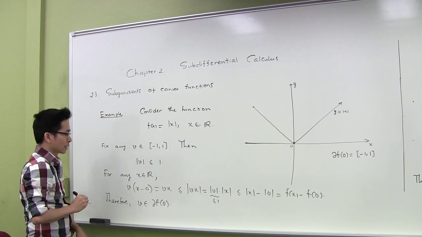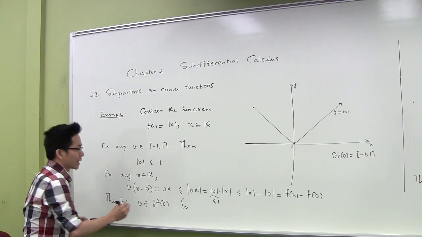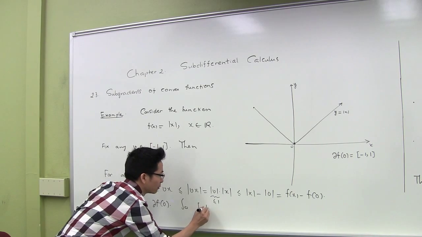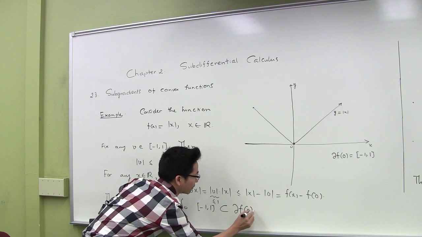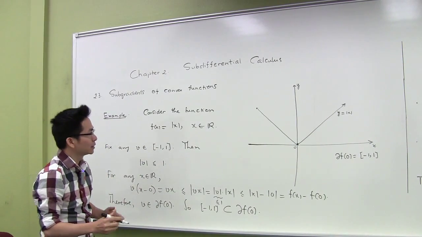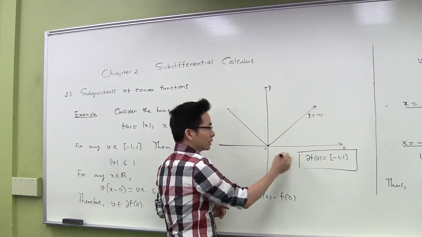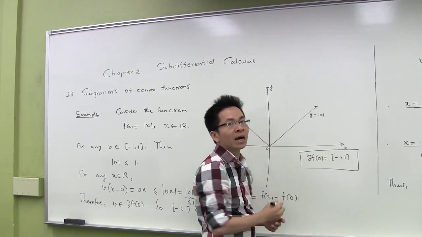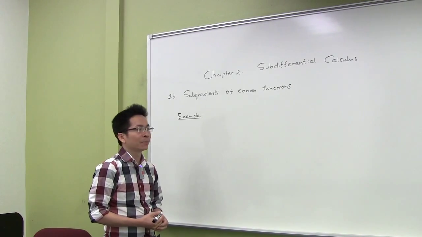So the closed interval minus 1, 1 is a subset of the subdifferential of f at 0. We have proved that the subdifferential of the function f at 0 is the closed interval minus 1, 1.